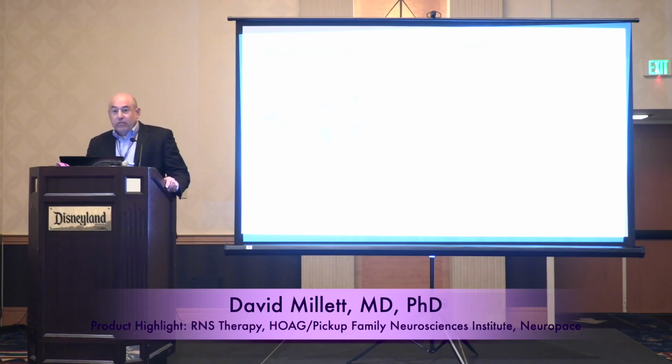So let me just quickly go through some of the introductory slides, and then hopefully we can get into what is RNS and how does it work. First, let's begin with the general topic of drug-resistant epilepsy. This is the problem that brought many of us either into the field or to the conference today.